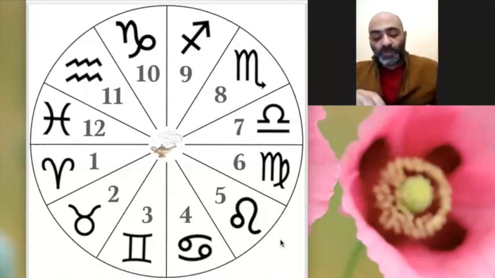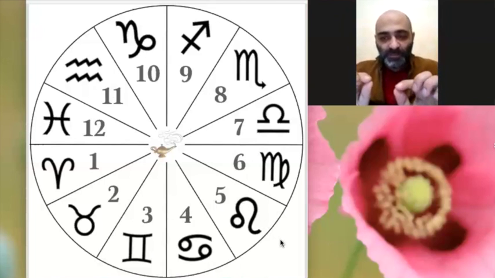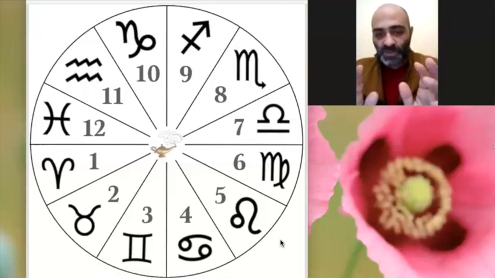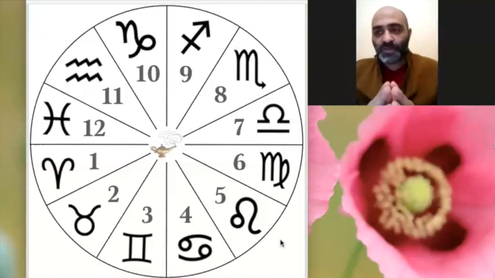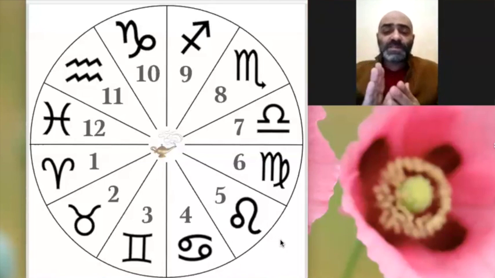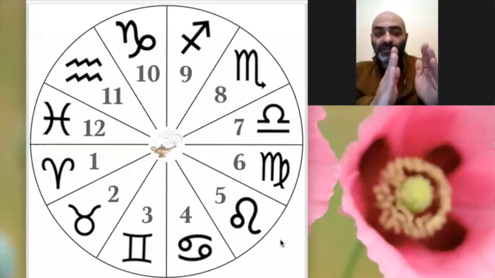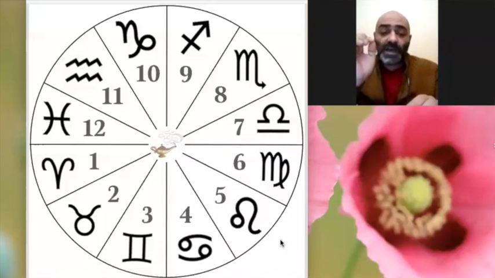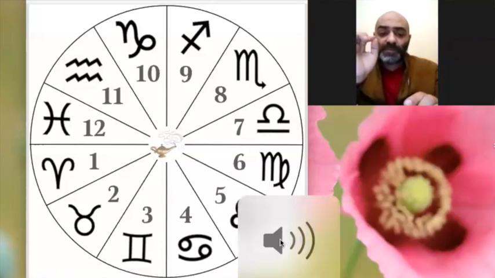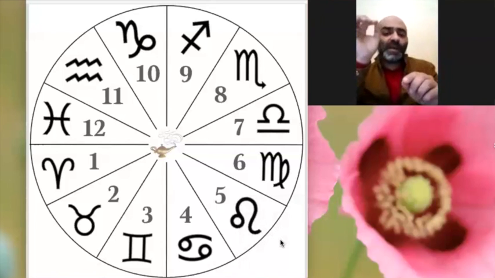Before we get to that, Gwendolyn, I would like to give a brief description about the houses. What is a house to begin with? Well, the house is that piece of the chart that allows us to see certain areas of life and how a certain planet, every planet is placed in a certain house.